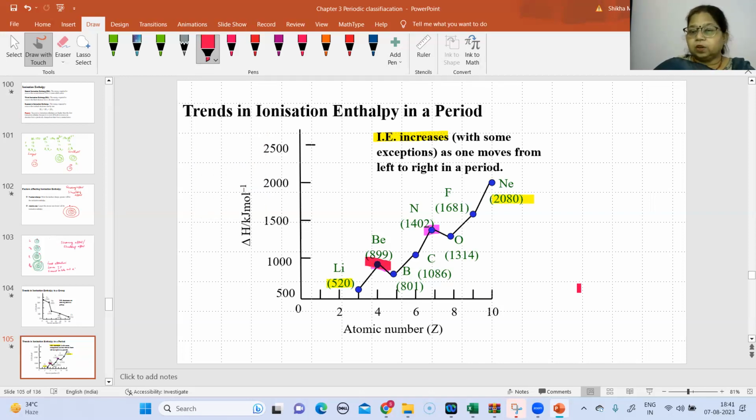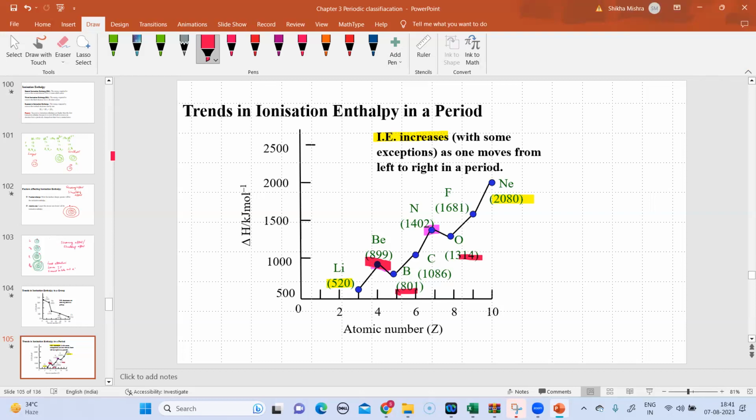Between beryllium and boron, beryllium's value is 899, which is greater than boron's value, which is 801. Similarly, between nitrogen and oxygen, oxygen is supposed to have more ionization enthalpy, but it is nitrogen which has more ionization enthalpy. Do you understand the question?